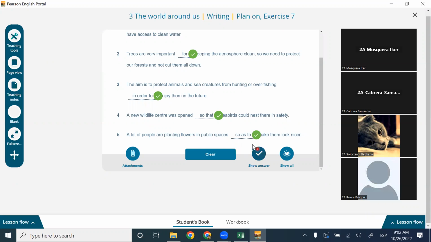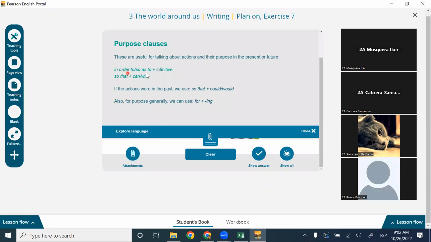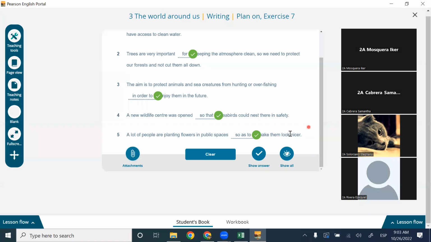In order to make them nicer, or, look at what it says here, in order to make, or so as to. In this case, in order to make them look nicer, or so as to make them look nicer.